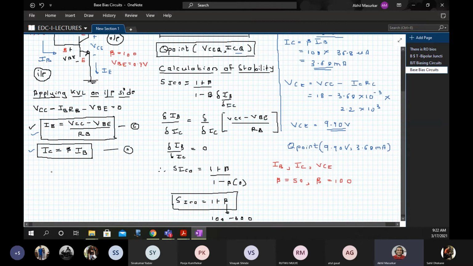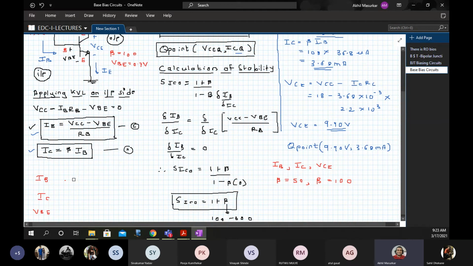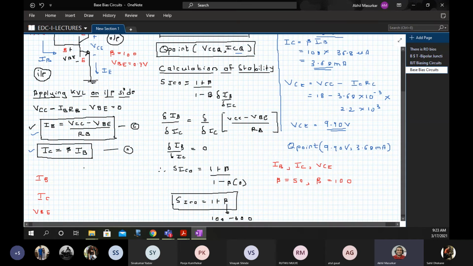So now we want to tabulate IB, IC and VCE when beta is 100, beta is half of that, 50, and what if beta doubles?